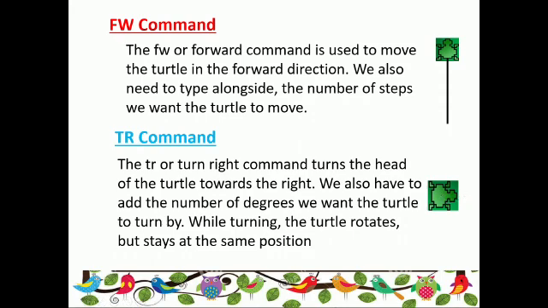Just keep this difference in your mind: the turtle is only turning to the right side, it's staying at the same position, that is its home position. I hope you understand. In forward, the turtle will move forward, but in TR it will stay in its position and only turn to the right side.